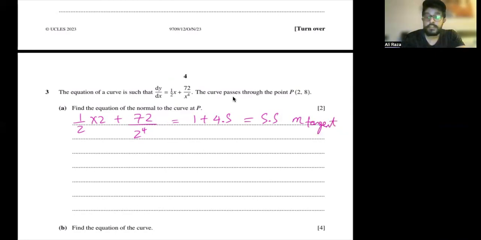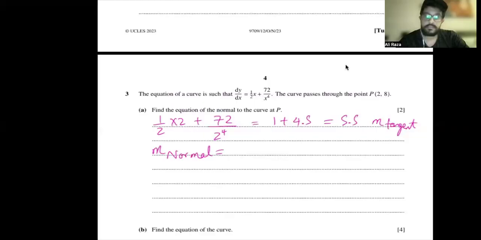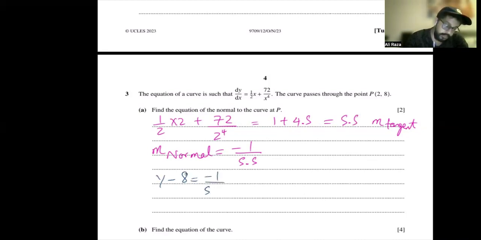So the gradient of the tangent is 5.5. Now the gradient of the normal would be the negative reciprocal of this, which would be minus 1 over 5.5. We're given the coordinate and we have the gradient now. We just need to construct the equation. So y minus 8 is equal to minus 1 upon 5.5 multiplied by x minus 2.